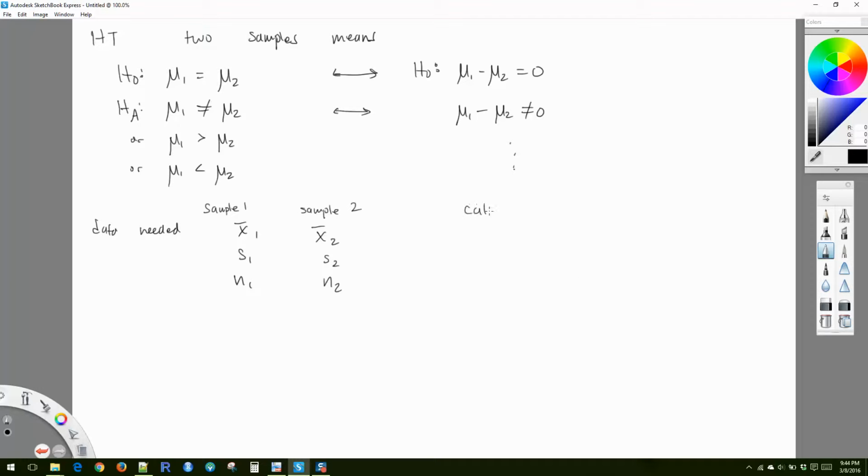As far as your calculations go, you'll need the standard error, the same standard error you use for confidence intervals: s1 squared over n1 plus s2 squared over n2. Your test statistic t is going to be x bar 1 minus x bar 2 over the standard error.